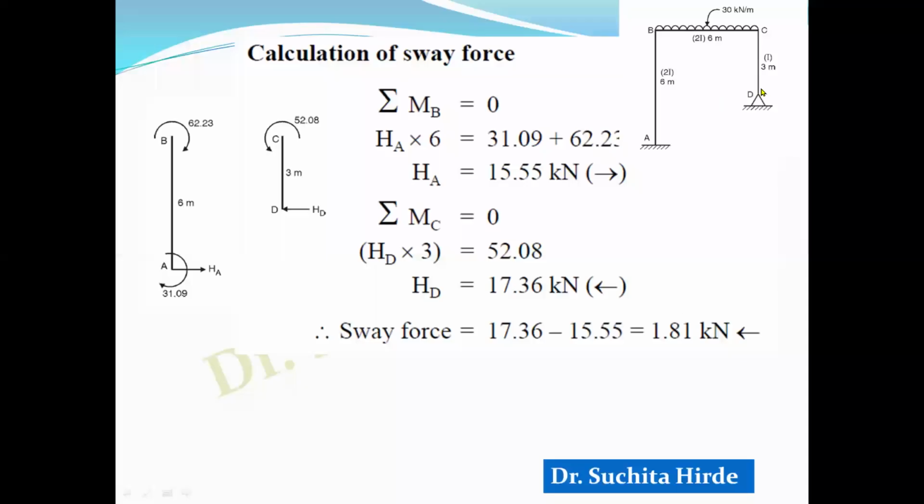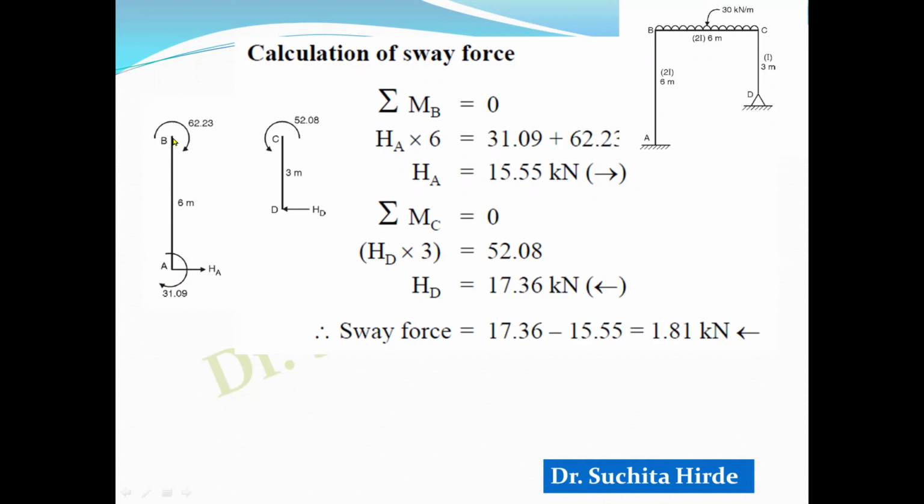So this is the given frame. I have drawn the free body diagram for member AB here and for member CD here. Now for member AB, I have shown two moments which are clockwise because our results were positive. So these are the moments which we have obtained from non-sway analysis. Then I have shown one reaction here.